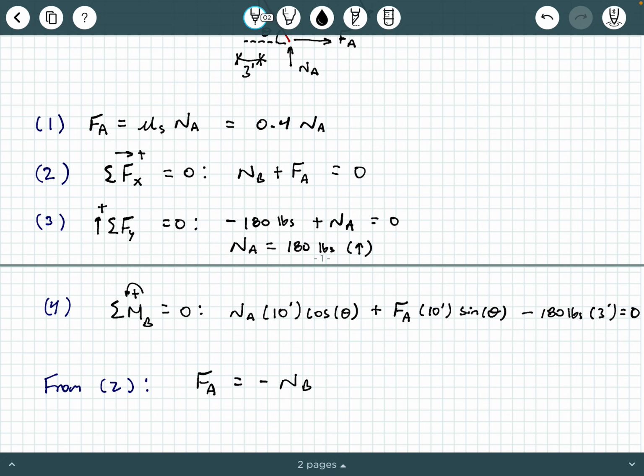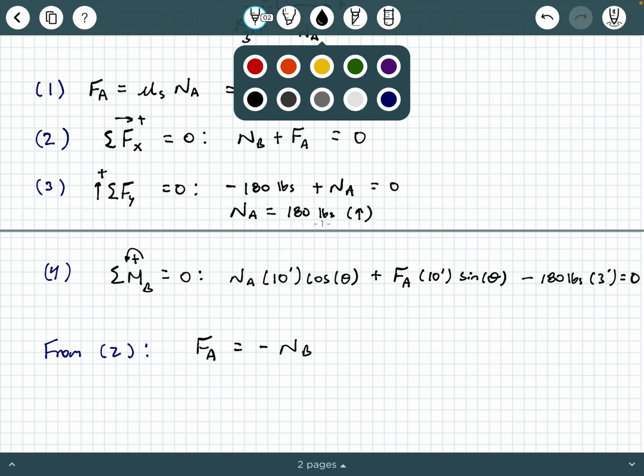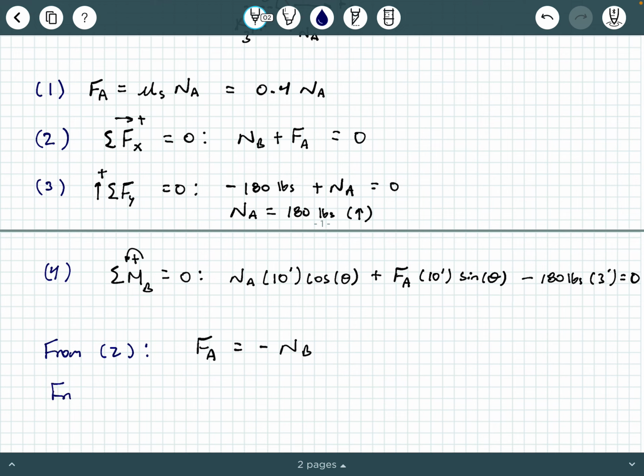Okay, and then we also can say from equation 1, we can say FA equals 0.4 times NA. And we already got NA is 180 pounds, so we'll say 0.4 times 180 pounds. And that gives us, I believe, 72 pounds.